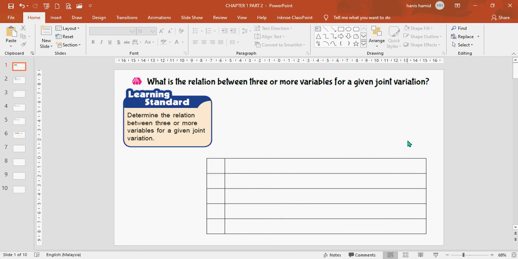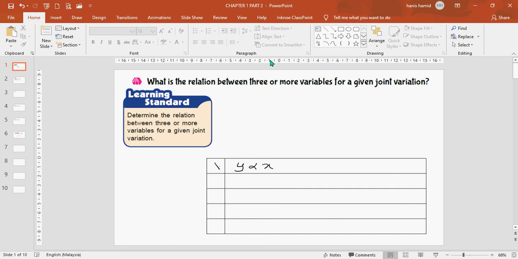And there are 5 steps that you can use to solve questions involving variation. That is, the first one, you must write it in the form of relationship. So let's say it is y varies directly as x, so you will write it y varies directly as x.